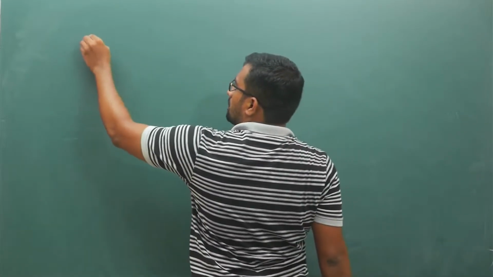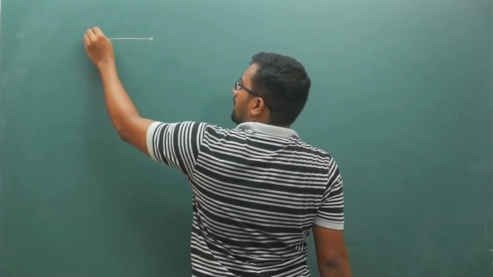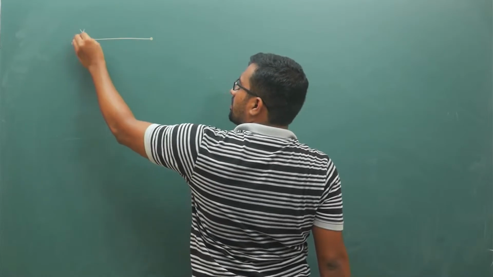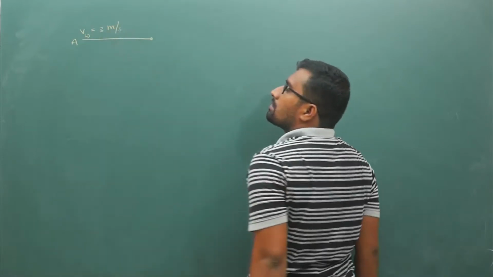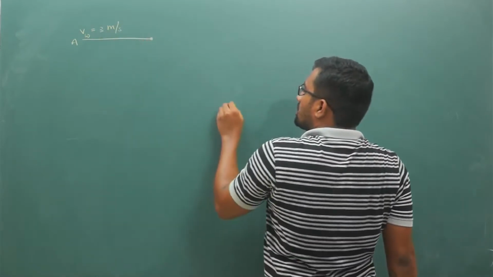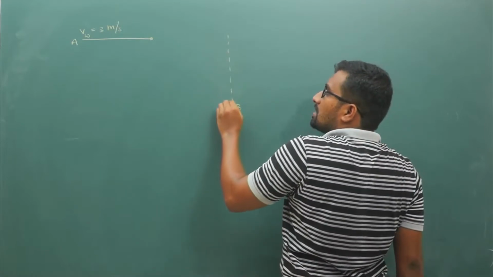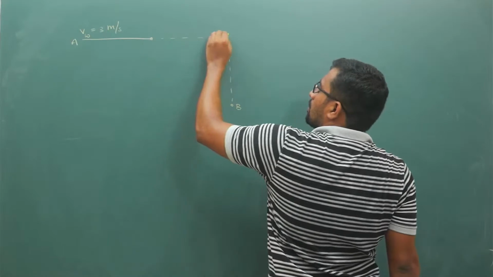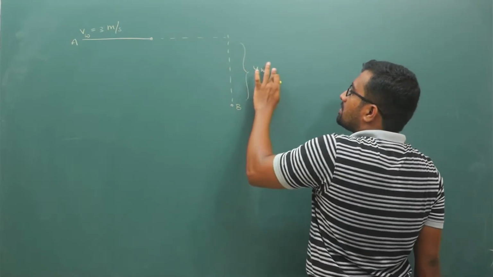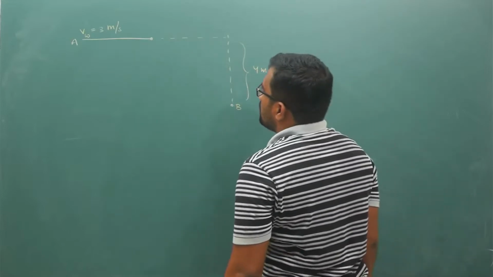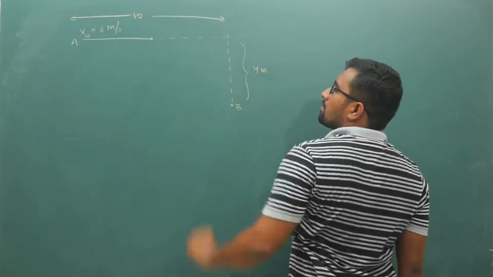For example, let us say a person is going on land, he is walking, his velocity of walking is 3 meters per second, and he is supposed to reach this point B. This distance is given as 4 meters, and total distance from here to here, let us say it is given as 10.